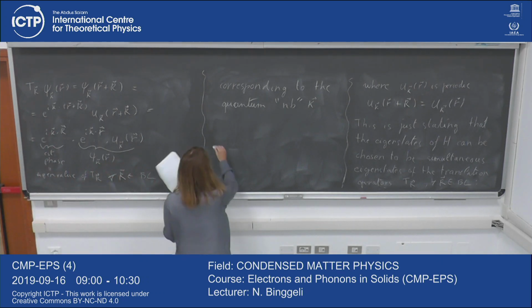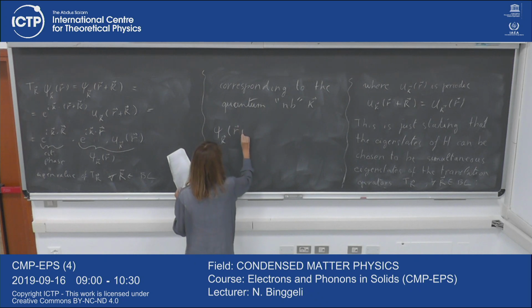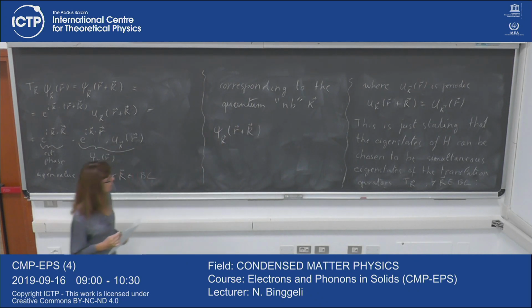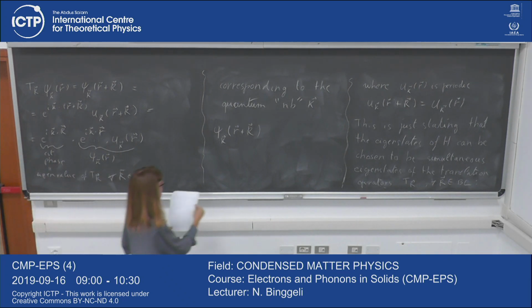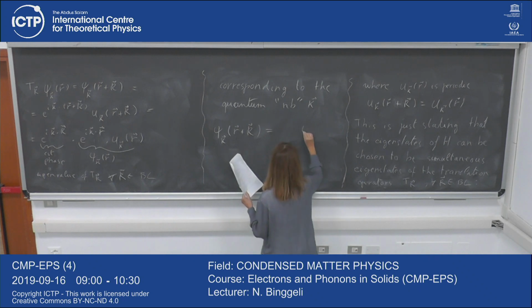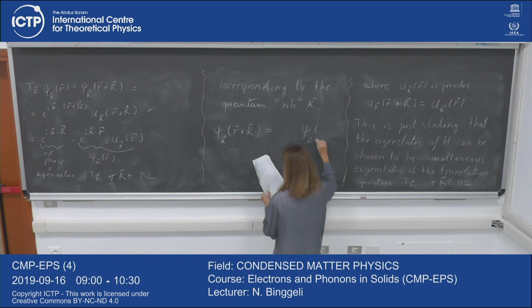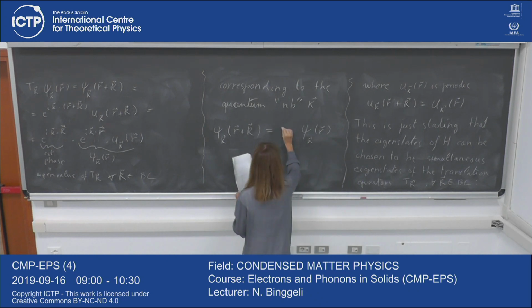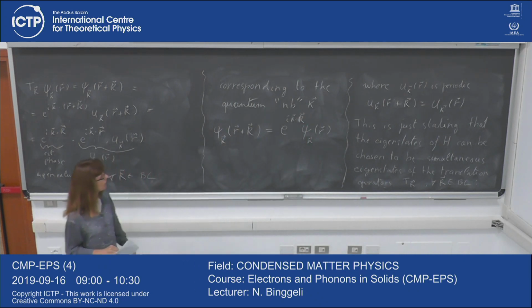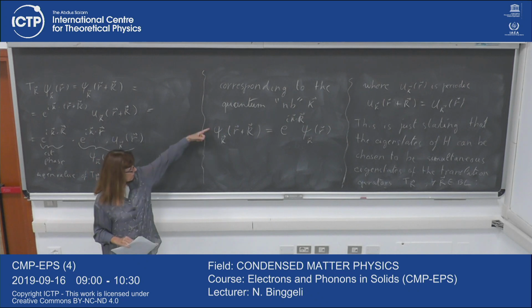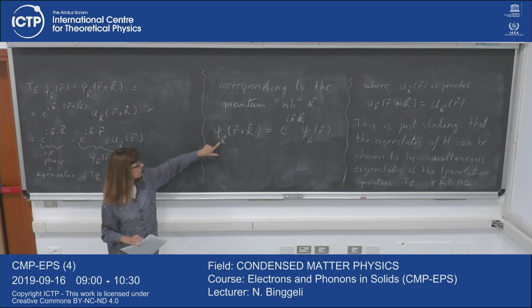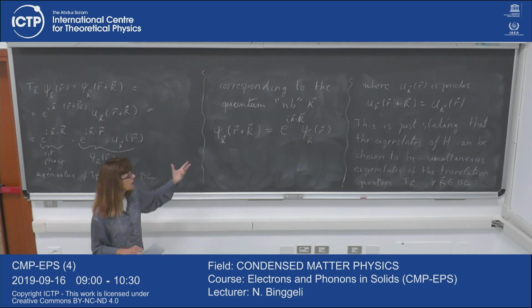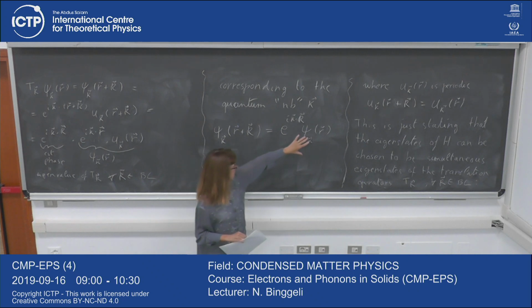So the second form of Bloch's theorem is just that psi k, the Bloch state, when one translates it, psi k of r plus capital R, is equal to the Bloch state psi k of r times exponential ik dot capital R. So this form just states that when I apply the translation operation on psi k, I just obtain the Bloch state.